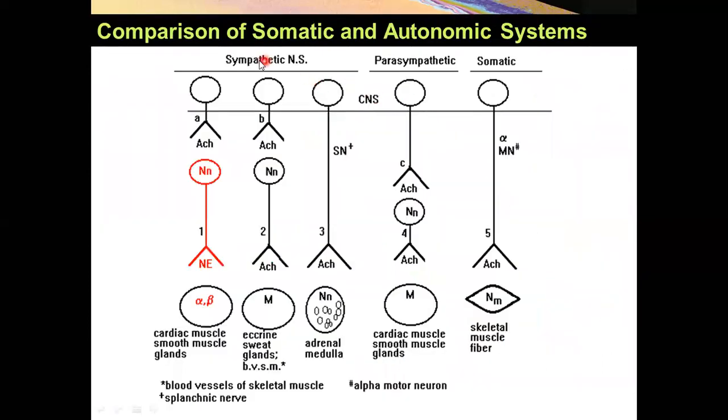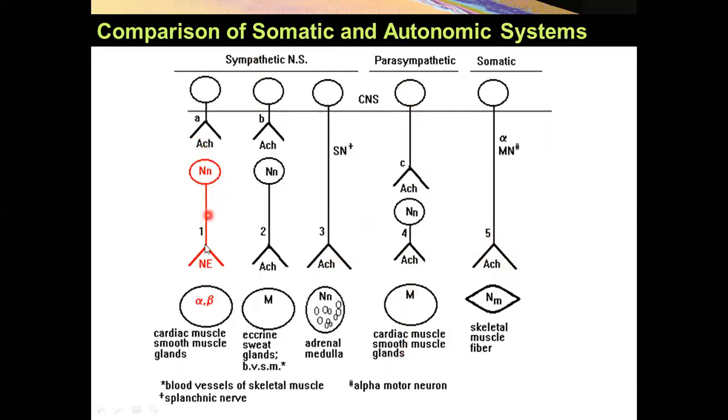Okay, let's review what we have seen in terms of the transmitter the somatic and autonomic motor neurons release. So again, somatic motor neurons, pre-ganglionic parasympathetic and sympathetic, and post-ganglionic parasympathetics, they all release acetylcholine.